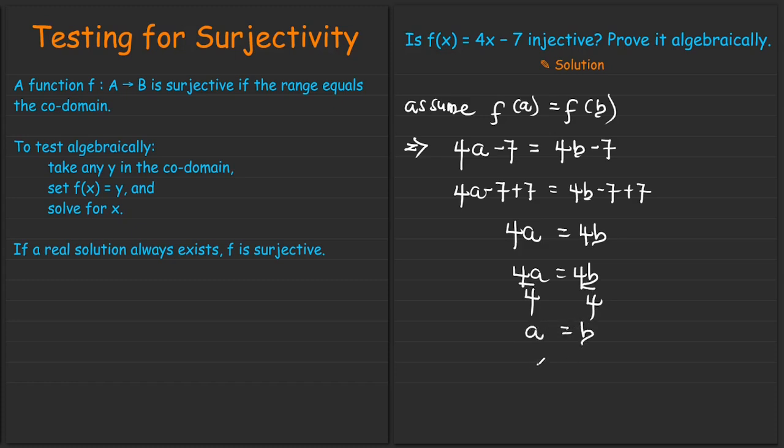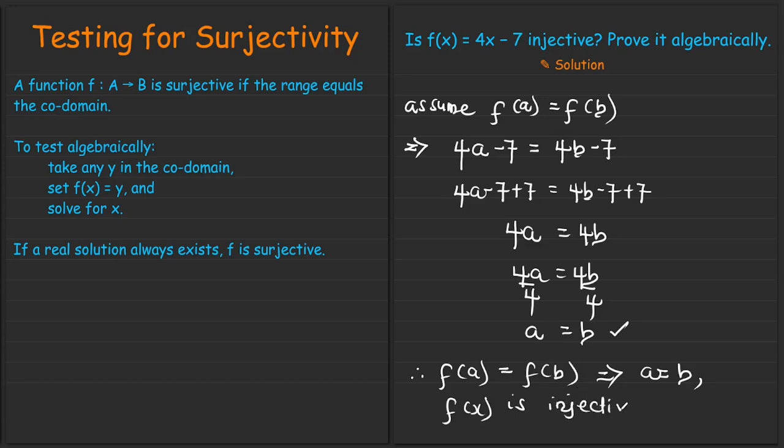We divide both sides by 4, we have a being equal to what? b. And if a is equal to b, then it simply means what? f of a is really equal to f of b, which implies what? a is equal to b, and then the function f of x is injective. As simple as that.